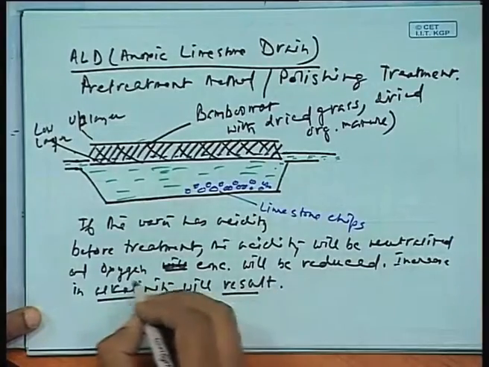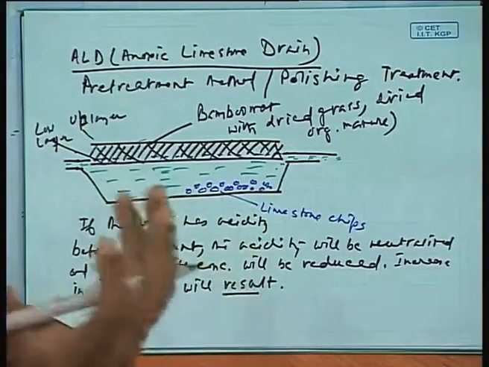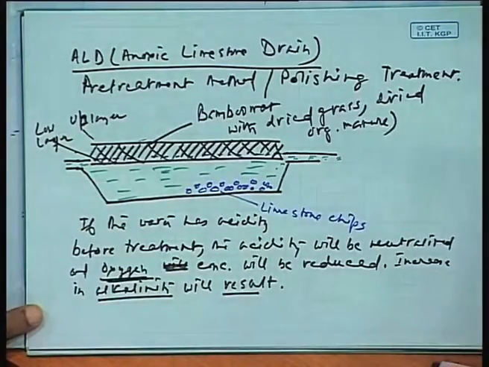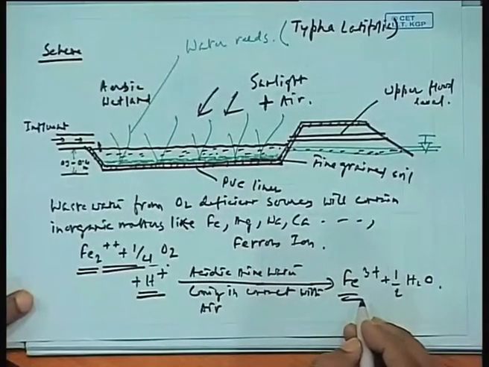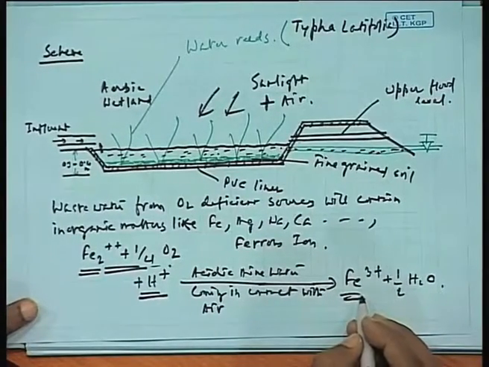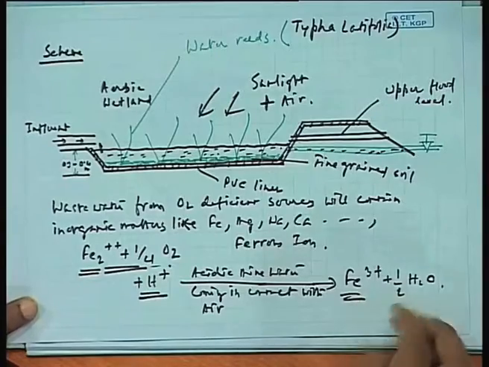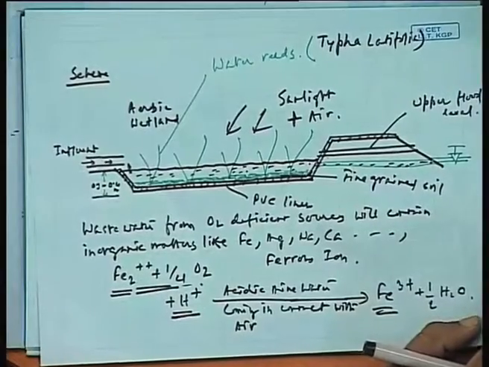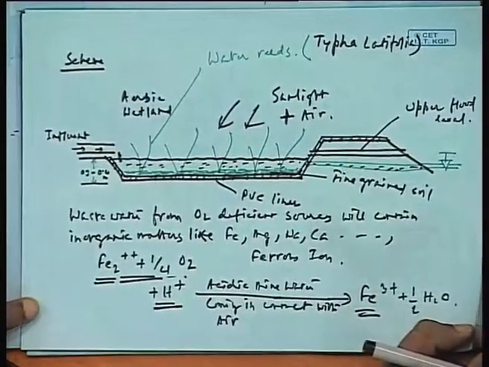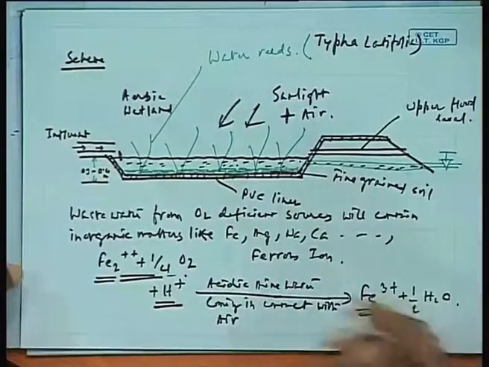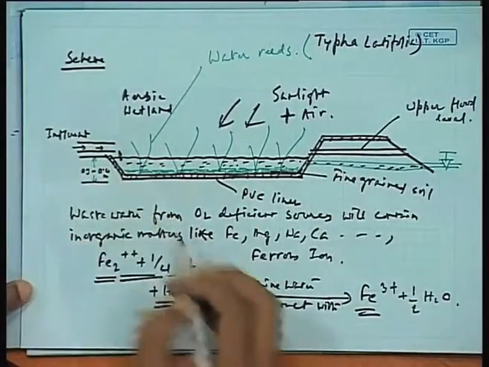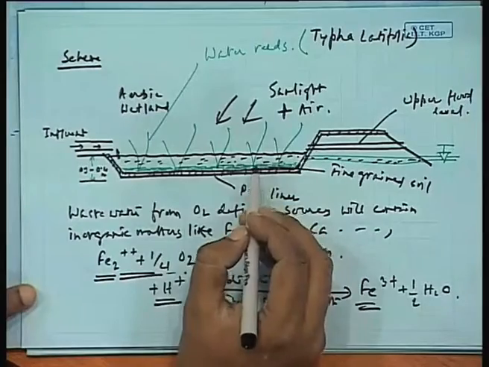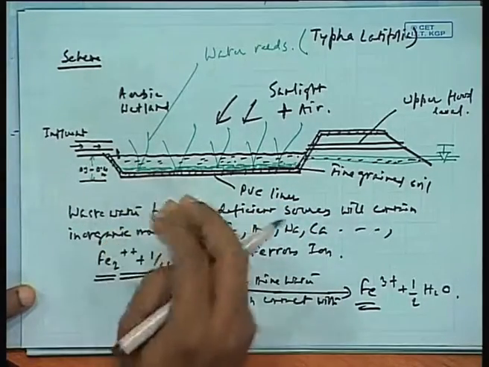So what we are trying to do is reduce the oxygen concentration, so this reaction is not going to take place in the anoxic limestone drain. As a result, the total precipitation of this iron oxide, ferric oxide, would take place in the principal wetland.